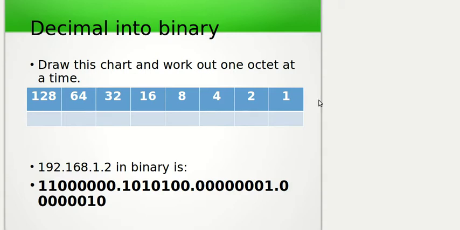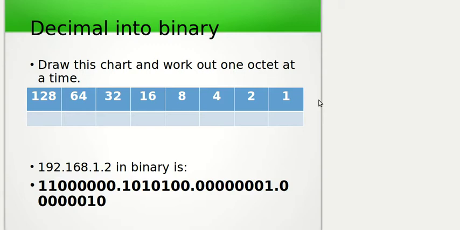So there's 8 bits available to us, one bit for each position in the octet, which means that each octet can have a value from 0 to 255. That's very important to understand, because whenever we work out the binary equivalent for each octet, we always draw out this chart and we work out one octet at a time.